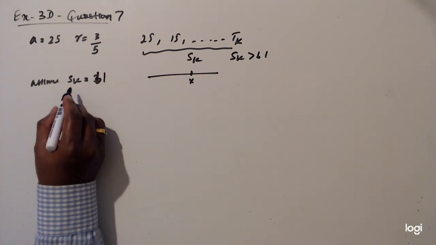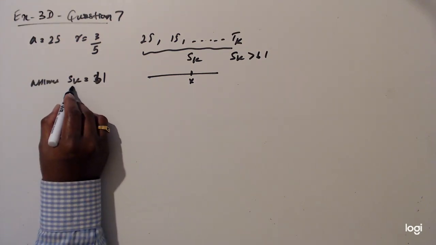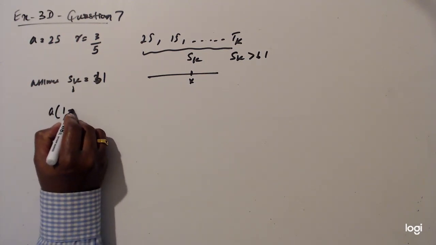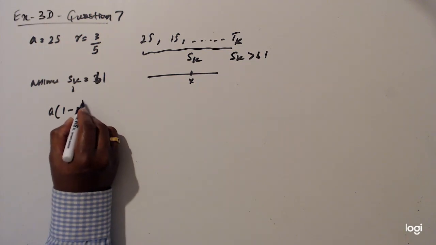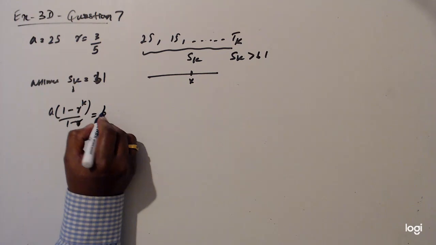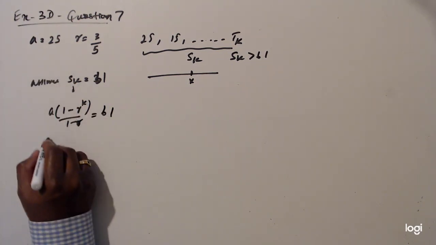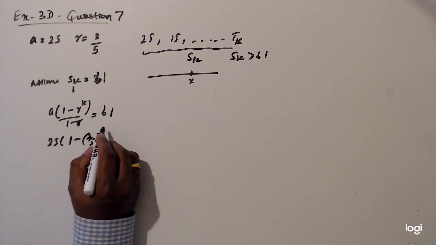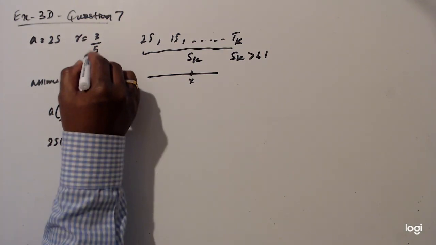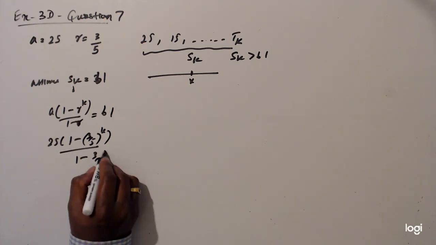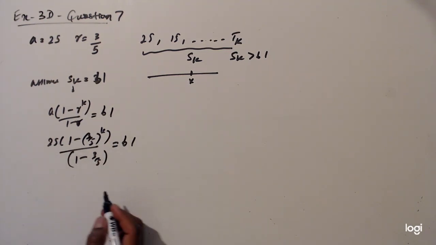So that is Sk, I can write A times 1 minus R to the power k over 1 minus R equals 61. So A value is 25. R is 3 over 5, so 1 minus 3 over 5 to the power k, over 1 minus 3 over 5 equals 61.